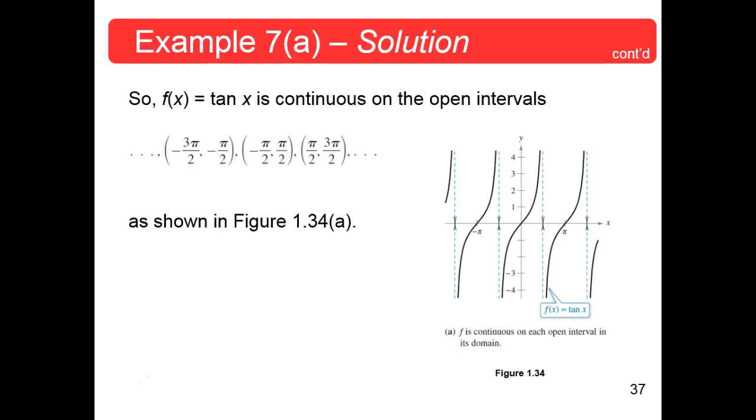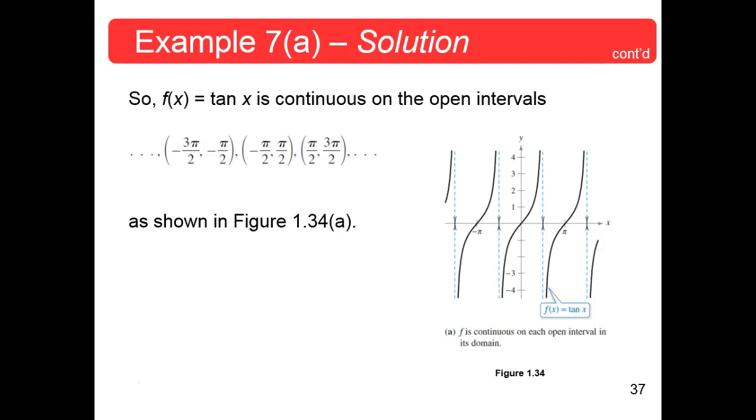Now, I don't know if you realize or recognize this. I haven't seen this in other texts. They put big parentheses here, meaning everything up to minus 3/2 pi, but not counting 3/2 pi, and everything from minus 3/2 pi, but not counting it, to here.